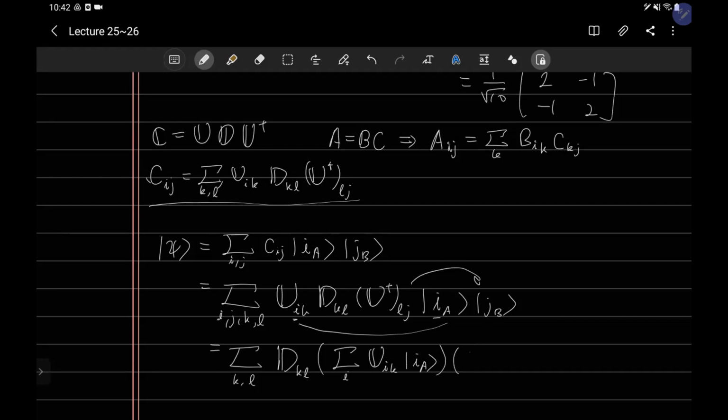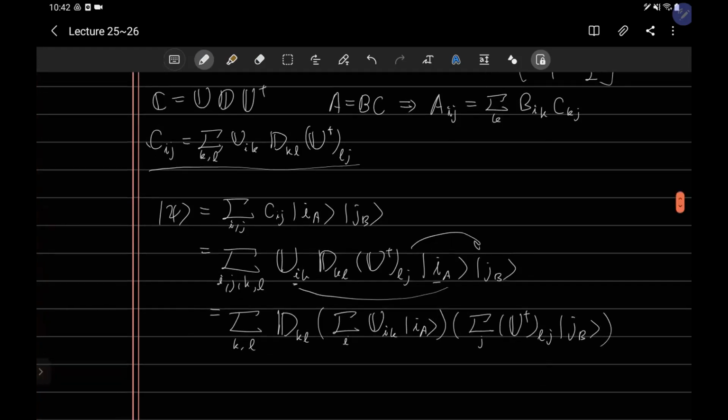Then the second term is the summation over J, and it is U dagger L J, and it is J sub B, like this. So these are the rearrangement of the term.